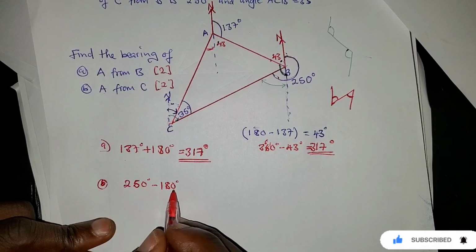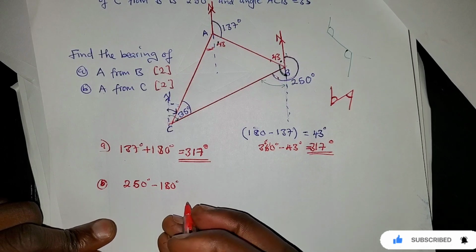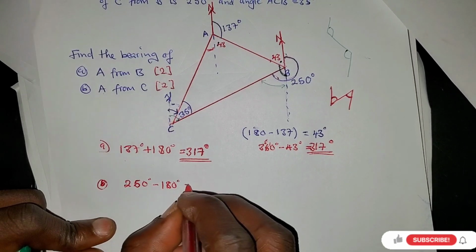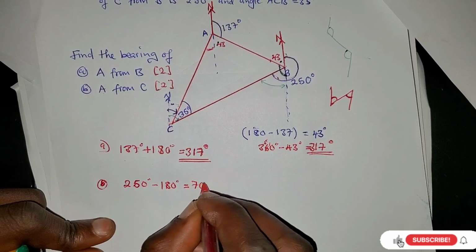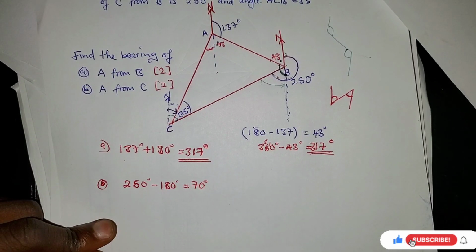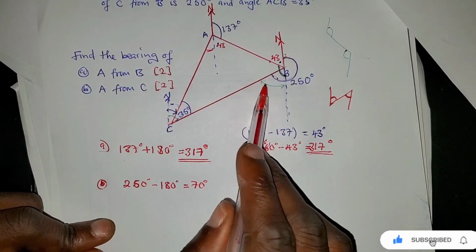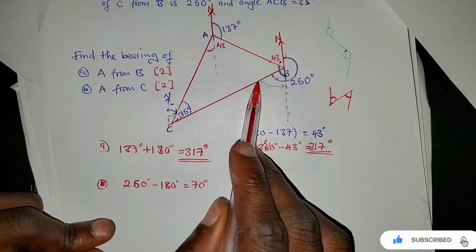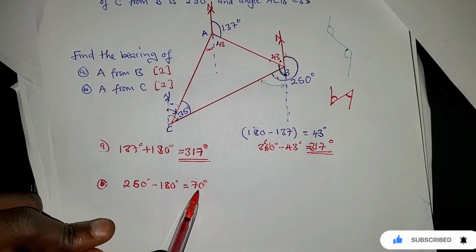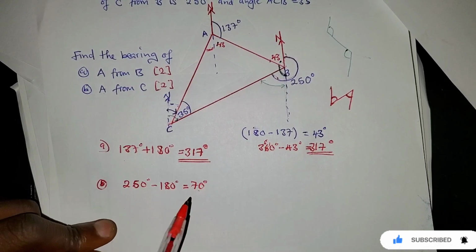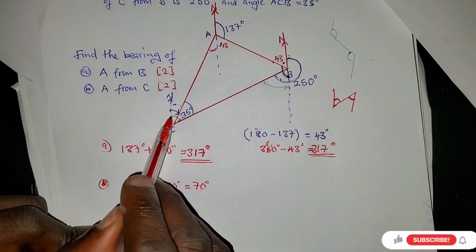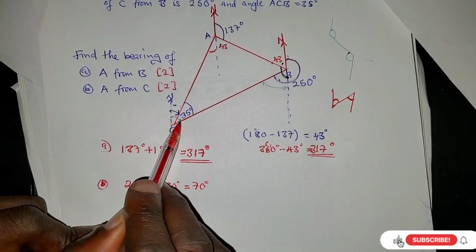250 minus 180, what is it? It is 70. This is giving me 70 degrees, finding this angle. Now, this is not our answer. It is just telling us that from here up to here is 70.